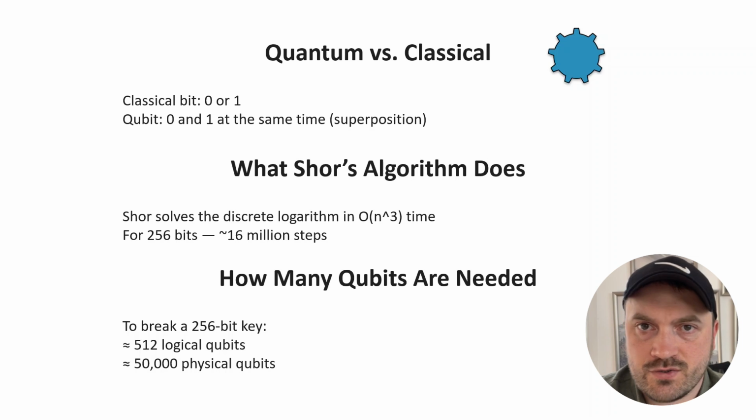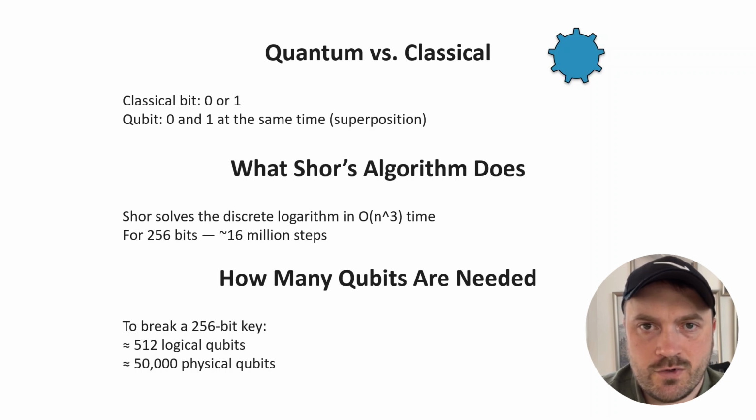So now let's talk about how fast Shor's algorithm is. Classical computers solve the problem in 2 to the power of n time, where n is the key length in bits. In Bitcoin it's 256.